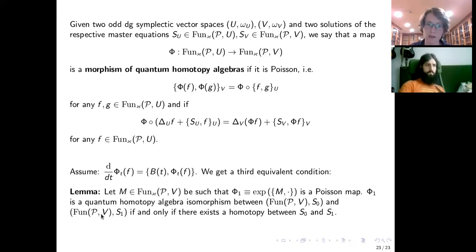Then phi1 is a quantum homotopy algebra isomorphism between the formal functions on the vector space V with the action as a 0 and the formal functions with the action as a 1, if and only if there exists a homotopy in the previous sense. So there is something connecting as a 0 and as a 1. Yeah, and this is all.